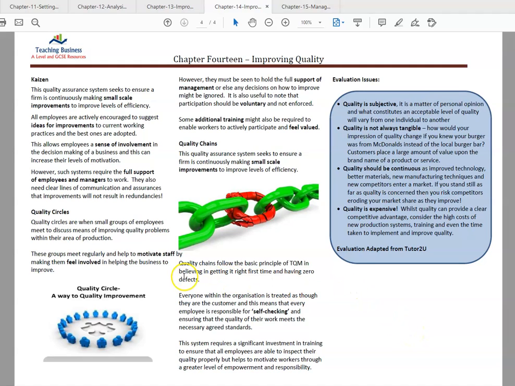And this returns here to the Kaizen. Again, you're making small improvements, and you may be put in teams to make improvements and look for improvements. Now, all of this might be absolutely obvious to you. Clearly, why wouldn't you get staff to make things better?